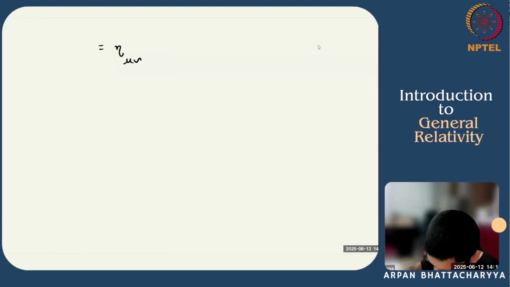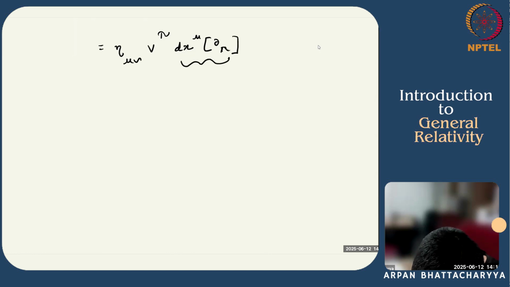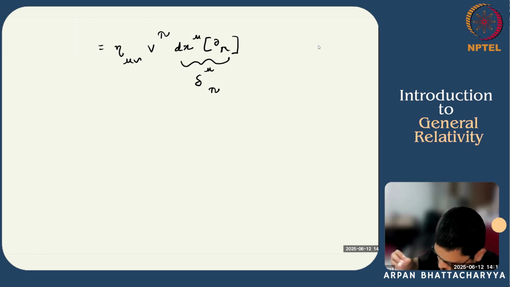So eta_{mu nu} v^lambda times the Kronecker delta, then you have dx^nu.